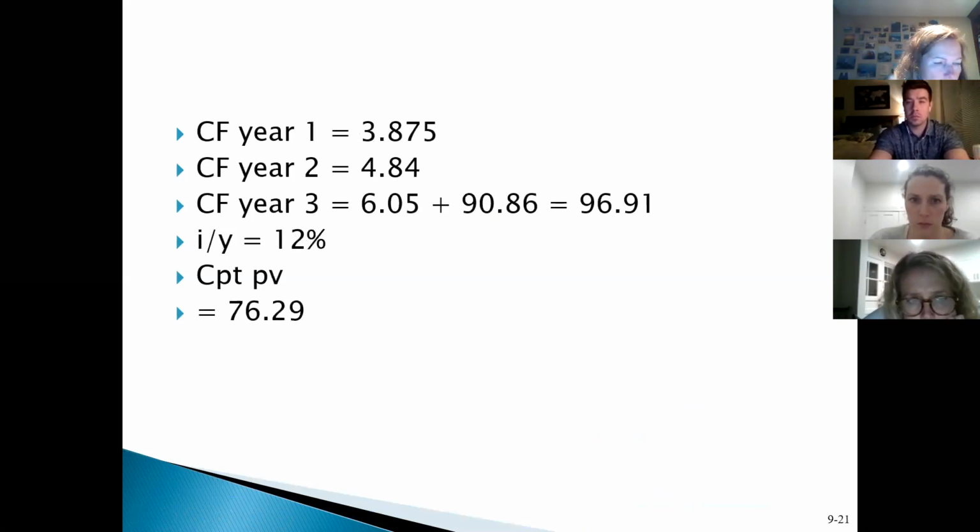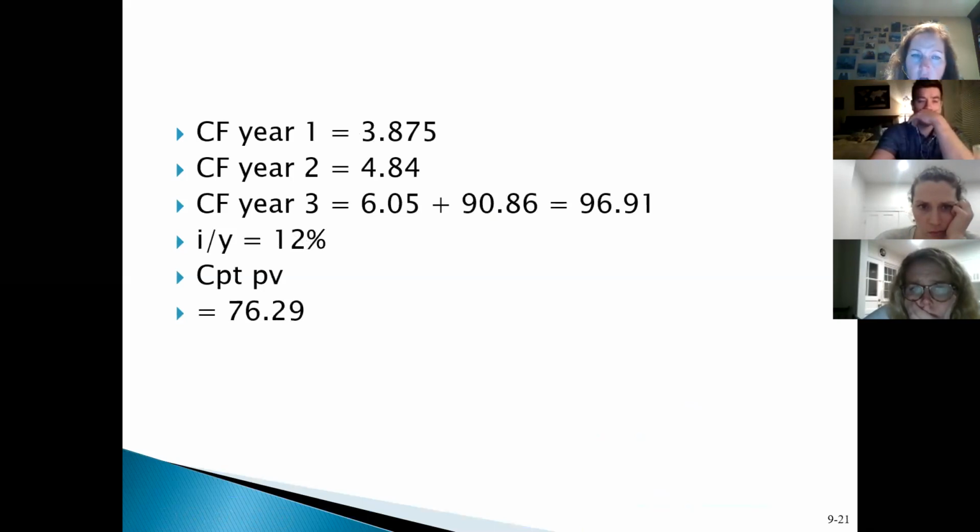I believe it's 90.82. Did I put 90.86? Oh, sorry, it's 90.86. Sorry about that. To come up with a cumulative cash flow in year 3 of 96.91. I discount all of those back to today, and I get 76.29.